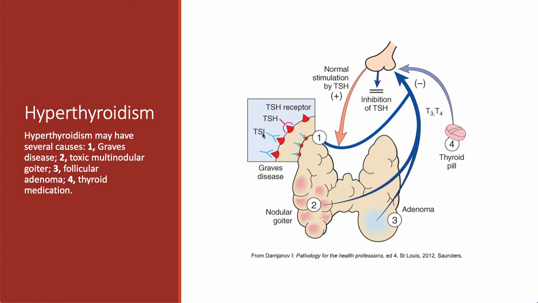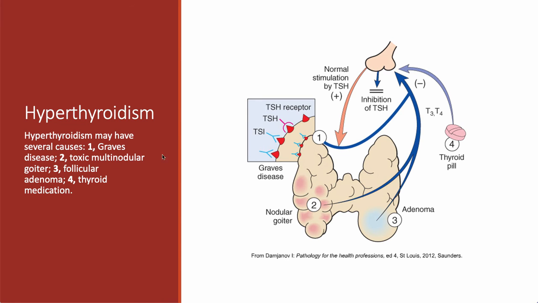Okay. TSI is the thyroid stimulating immunoglobulins. And what that means is that there are these immunoglobulins that circulate in the blood because of this autoimmune disease that the thyroid gland picks up and produces extra thyroid hormone with.